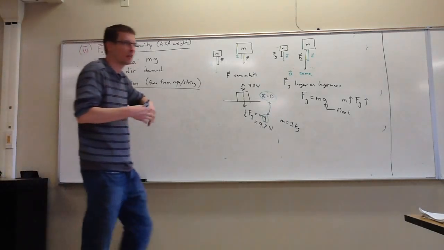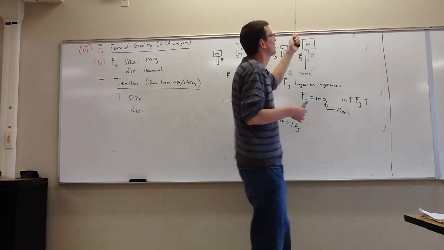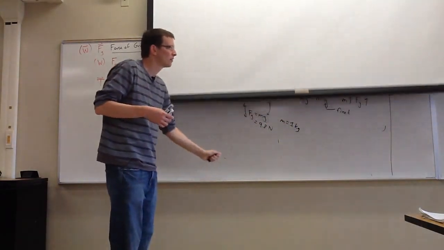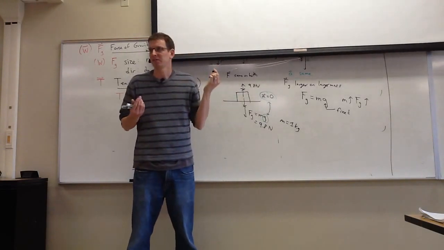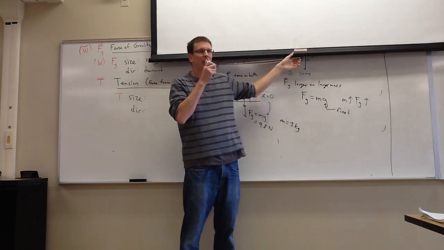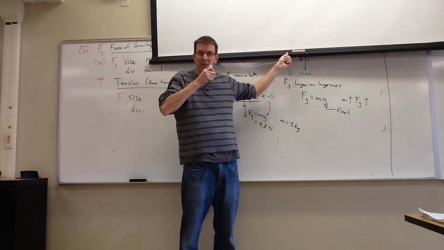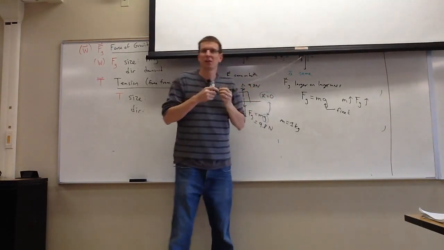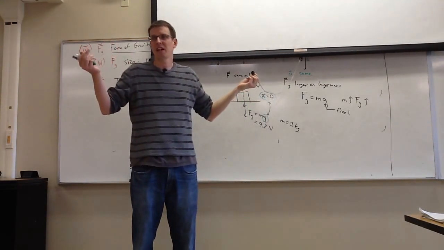Let's talk about tension. Tension is a force from a rope or a string. Here's a string I can use. Okay? Now the amount of tension in a rope can vary. It can have no tension at all. I can tighten it, have it more tension. I can tighten it some more. The tension can increase from there. There might even be a tension at which the rope snaps, right? And we can't go above that.